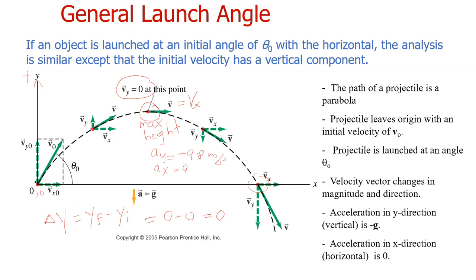You kick something from ground level and it hits back to the ground, so the total y direction displacement is 0. And no matter where the object is, acceleration is gravitational acceleration, and ax is 0.